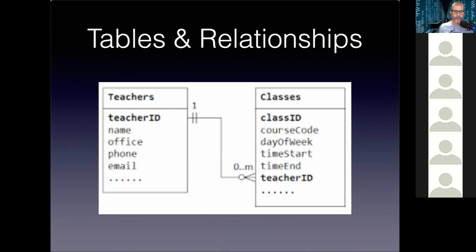We call that a foreign key. So it is a foreign key in the classes table that is pointing to the primary key in the teachers table. The classes table also has a primary key, the class ID. So that is the unique identifier in that table, and it represents one and only one class that's being taught at this particular school.